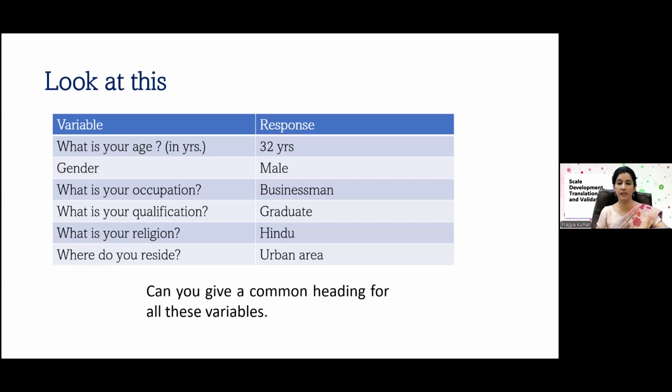The third item is probably the income. All these are not related to each other, but we have clubbed them together to measure something. So that is known as the emergent variable. Yes, Dr. Anuradha, they are emergent variables or we can call them an index. We cannot call it a scale. They are not a scale per se, because each of the items is not correlated with the others.